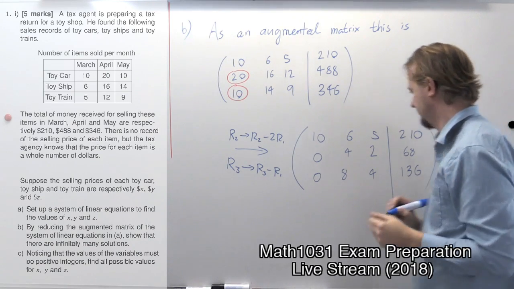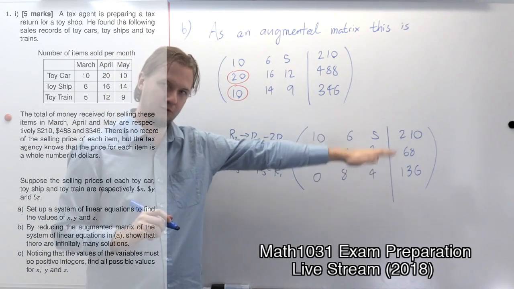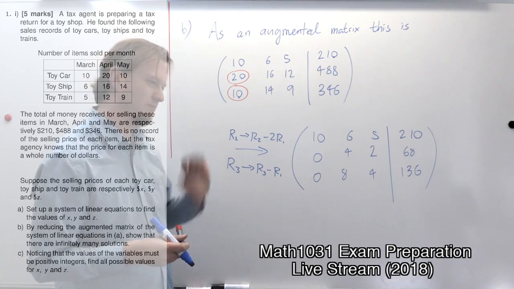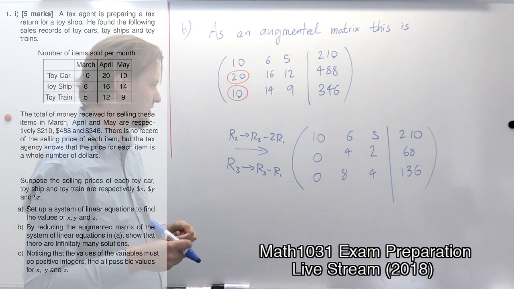Right. And again, you'll have to get these numbers right, otherwise it's going to make the rest of your calculation impossible. Or you won't be able to come to the correct conclusions if you make mistakes.